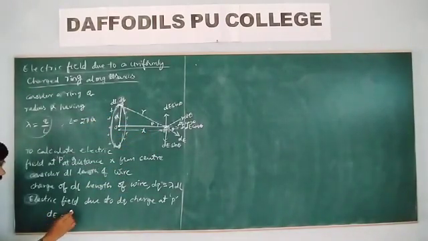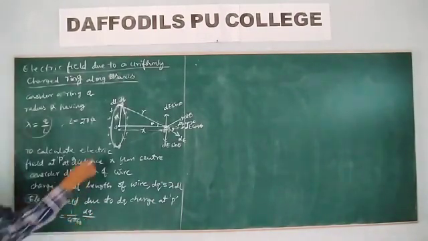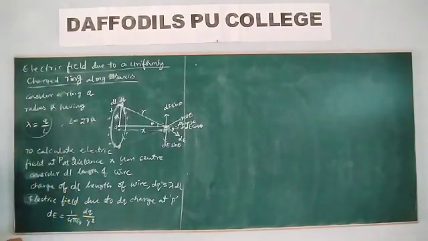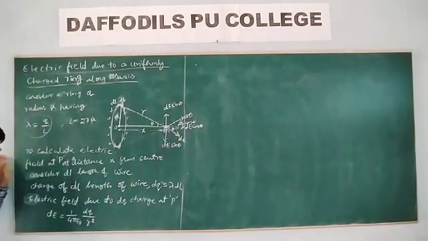dE is equal to 1 by 4 pi epsilon naught dq by r square, where r is the distance. I hope you understood. Is it okay?